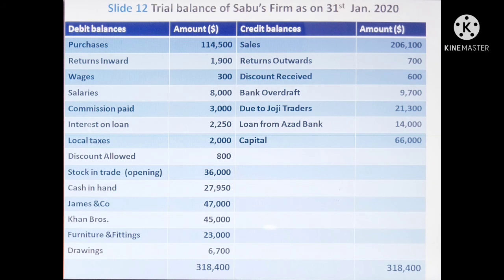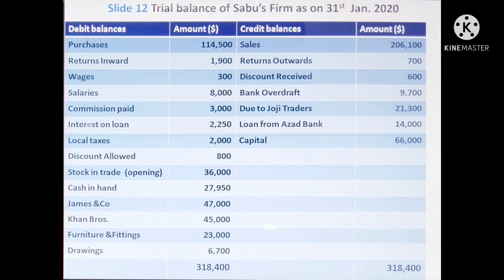Slide 12 shows the trial balance of Sabu's firm on January 31st, 2020. Debit balances of accounts are shown in left hand side and credit balances on the right hand side. Under debit balances come expenses and losses such as purchases, wages, salaries, commission paid, interest on loan, local taxes and discount allowed.